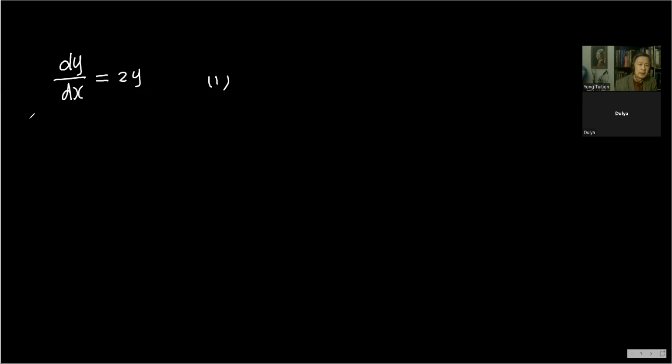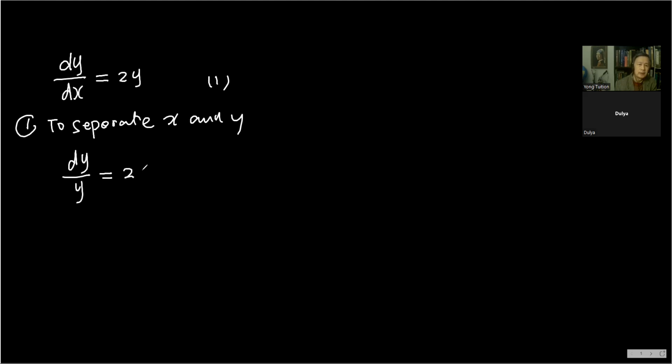Can you see? Step one, in this particular case, we have to separate the x and y. What we can do is divide it by y, and then multiply by dx.